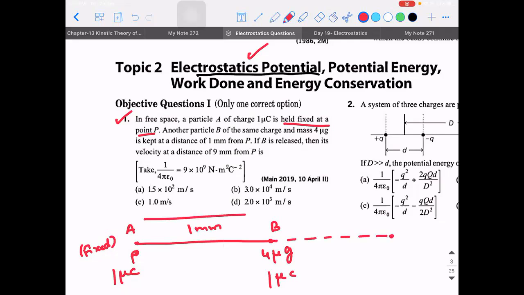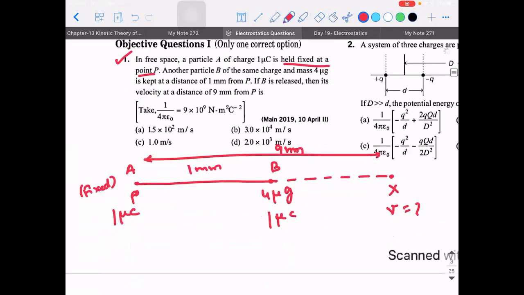So let's say this distance is 9 millimeter and this point is X. Here they're asking the speed is equal to how much?